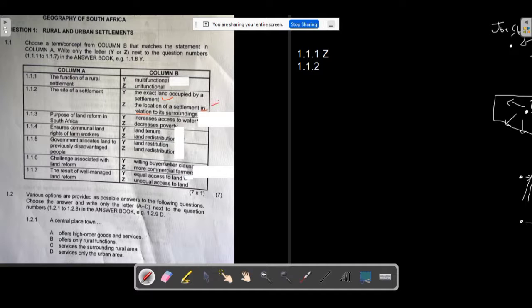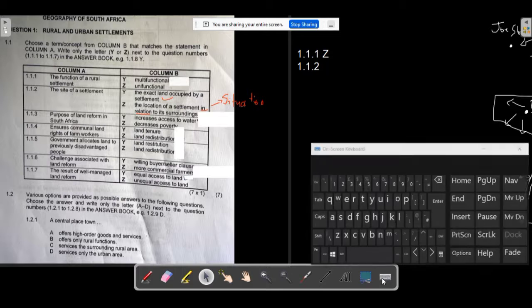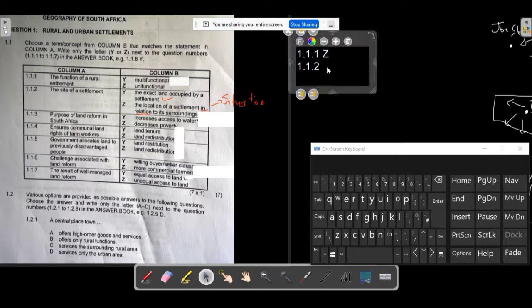This is the situation, guys, so it cannot be the site. So for 1.1.2, we are going with Y.